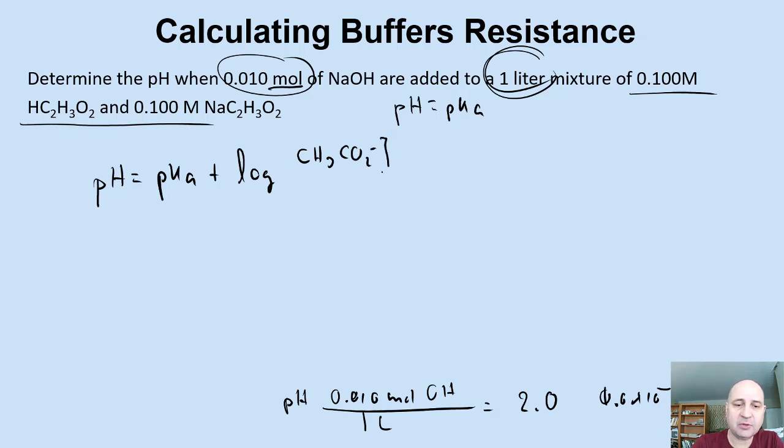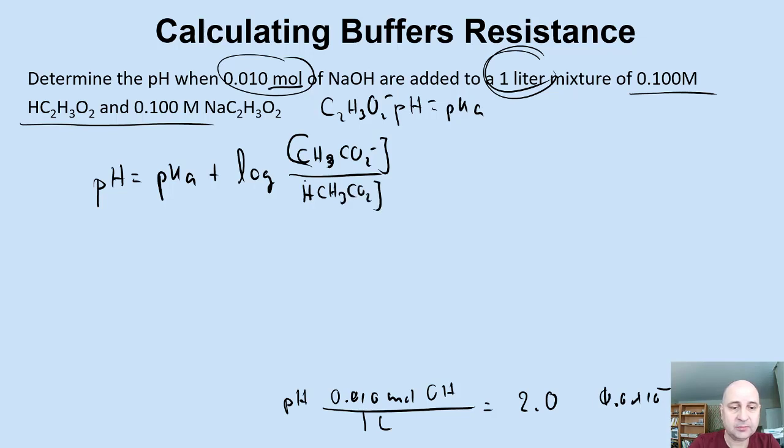This is the way I like to write acetate, it's the same as C2H3O2. If you've had me before, you've probably seen me write it. It's just a formula written differently. Might want to be consistent here.